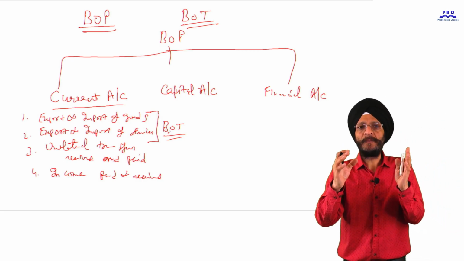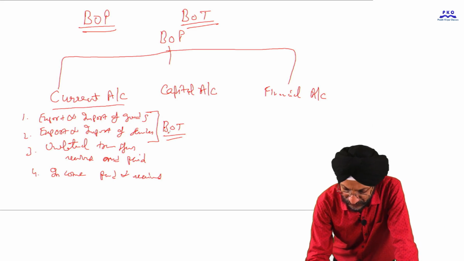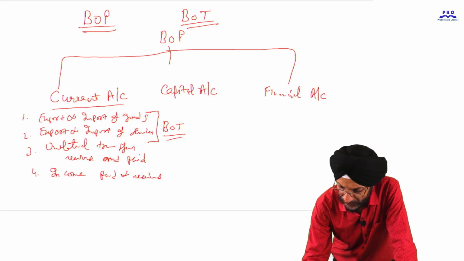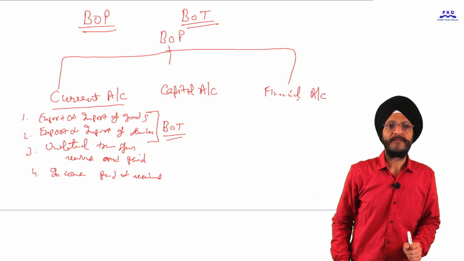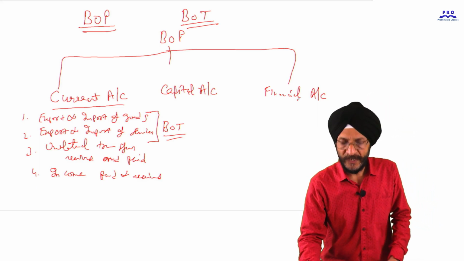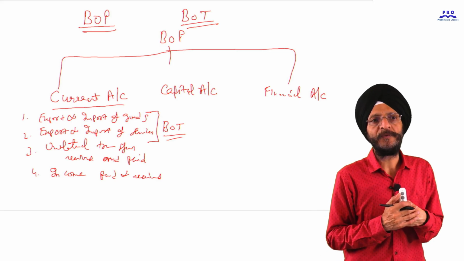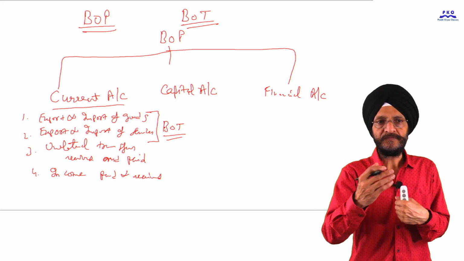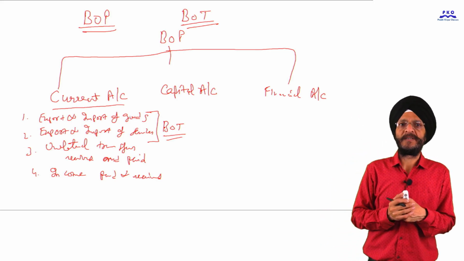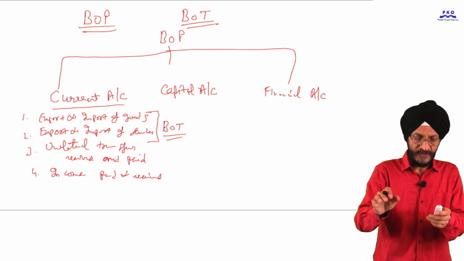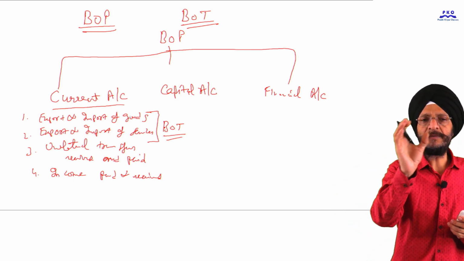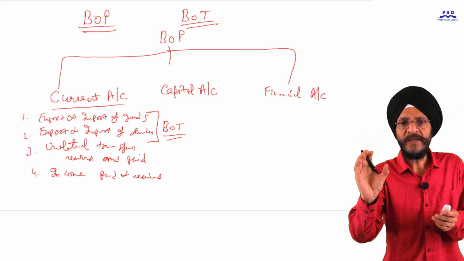Further, balance of payment has three components: current account, capital account, and financial account. Whereas balance of trade is only a sub-component of balance of payment. We will discuss all the differences between BOP and BOT in detail.